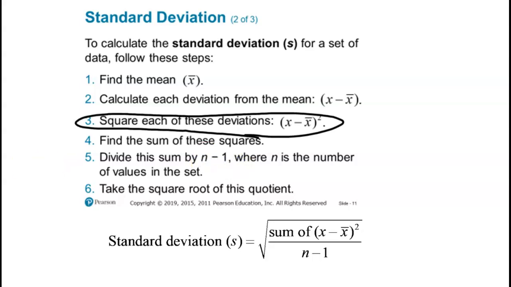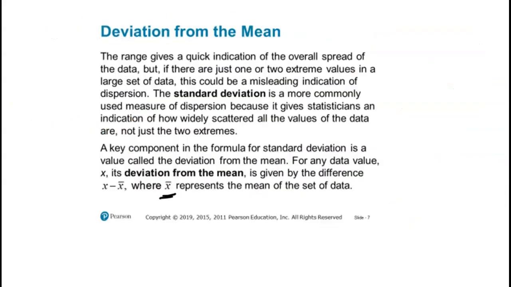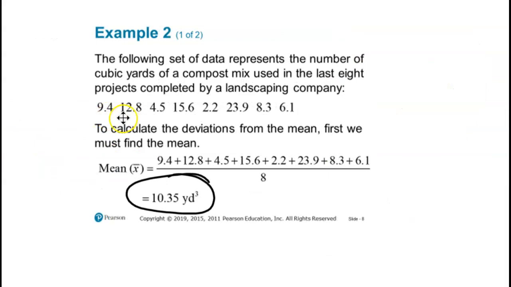Remember, we defined that in an earlier video. In this case, we have 8 different numbers, so our n is going to equal 8 for this. And see, here's our 8 down here.